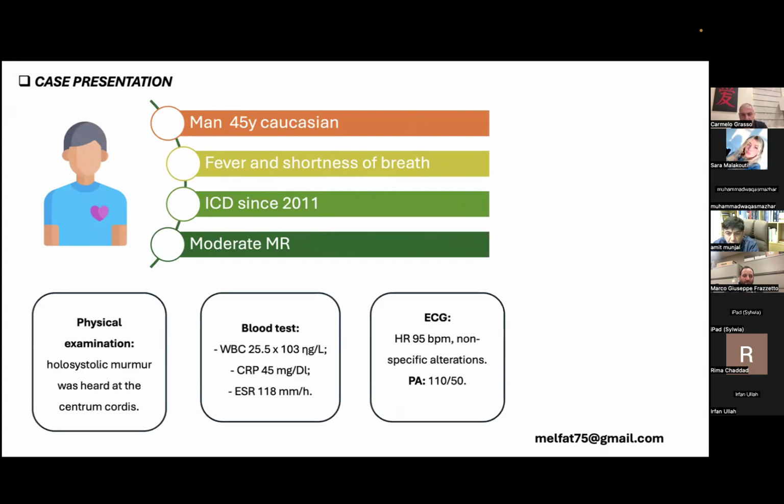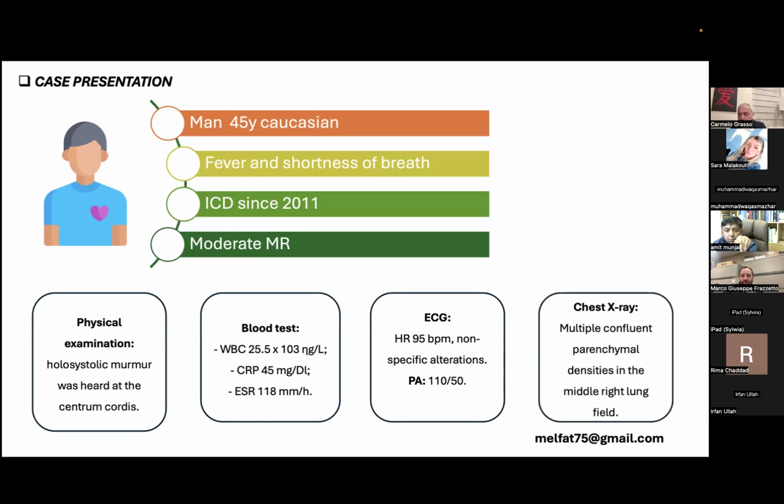He had blood test abnormalities. You can see the white blood cells raised, CRP elevated. And at EKG, we have tachycardia without any specific alteration, with good pressure. Chest X-ray shows multiple confluent parenchymal densities in the middle of the right lung fields.